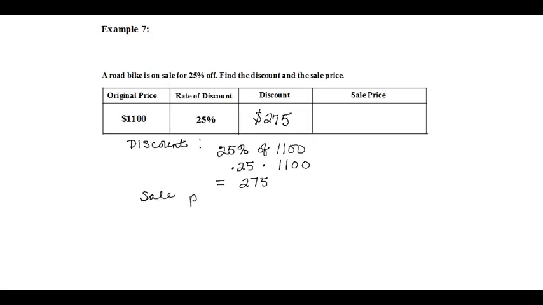Our sale price, if we're saving $275, then that is coming off of our original price. So we're taking it away from our original price, same thing as subtracting. So 1,100 minus 275, that's going to give us a sale price of $825. So our sale price then is $825, which would be a deal.